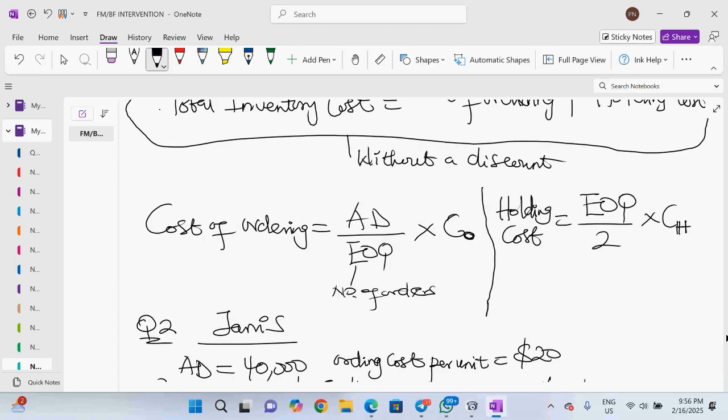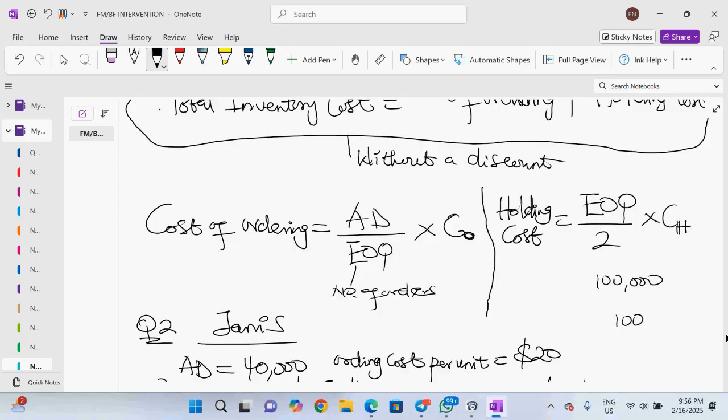Because let's say you want 100,000 units a year, per annum, and each time you order 100 units. If you want to know the number of times you order, you divide the 100,000 by 100.